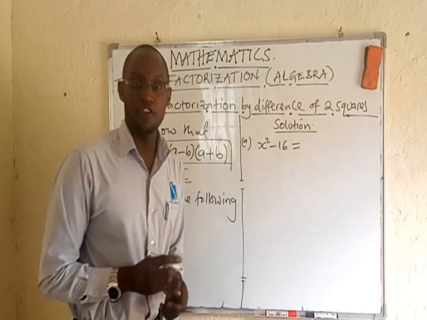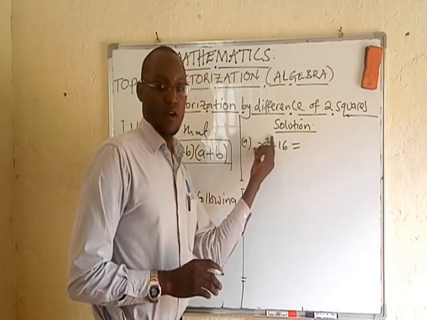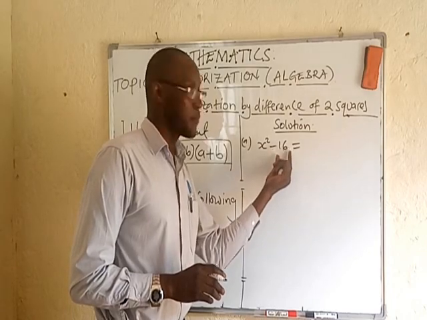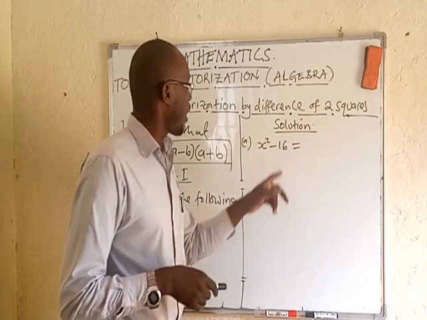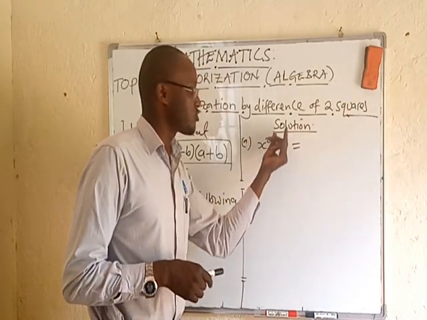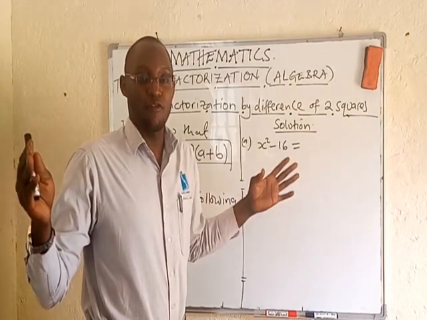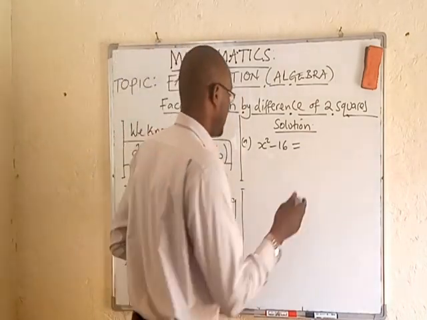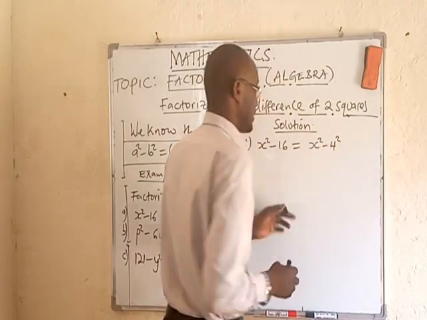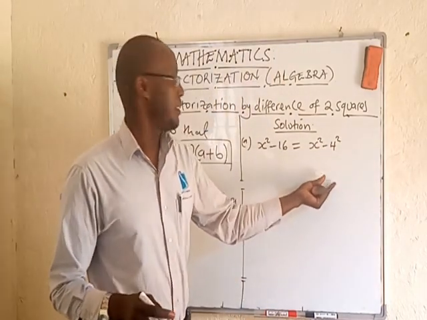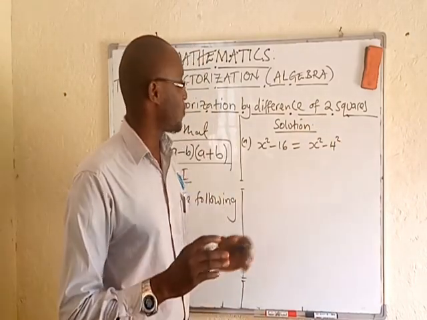Mr. Examiner, sir, is equal to, now once I've realized that there is a difference, this has also to bring a difference for you to apply the difference of two squares. So how can 16 bring a square? Tell me. People are telling me that that is 4 squared. Wonderful. So this is the same as x squared minus 4 squared. There's nothing much we have changed, because 4 squared is the same as 16.